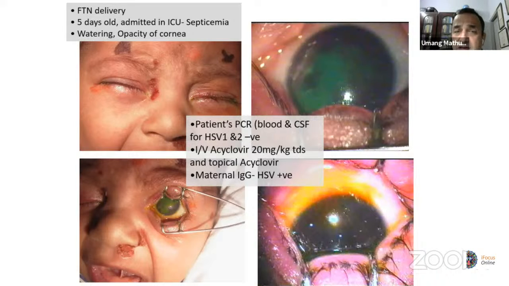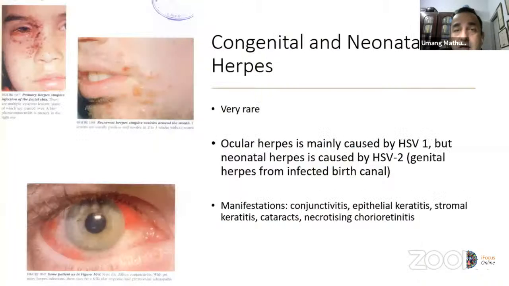And they need systemic acyclovir. Babies get this infection from the birth canal. Generally what they say is herpes below the waist is because of HSV2, above the waist is HSV1. So what you see as dendritic keratitis and stromal necrotizing keratitis, which we just discussed, is HSV1.